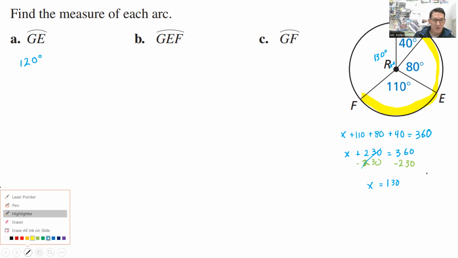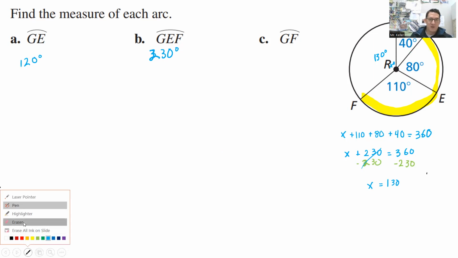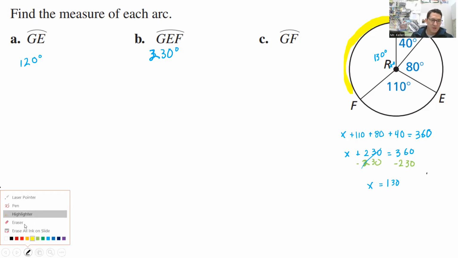So just add all those together. So this is 330 degrees. No, 230 degrees. My bad. 230 degrees. G to E to F is 230 degrees. And then the missing part, we already did the hard part of it. G to F is the other way. That's going to be its complementary arc there. So if we go this way, we already found that to be 130 degrees.